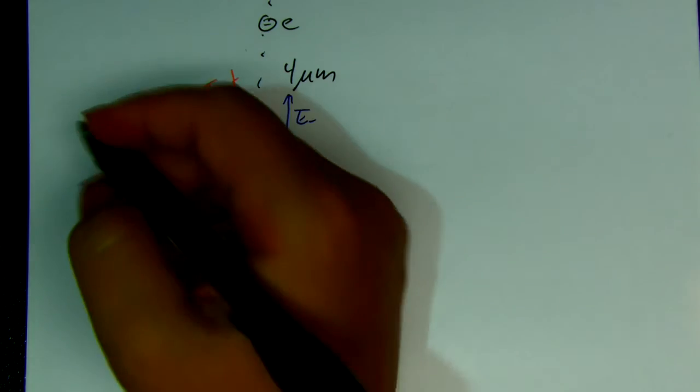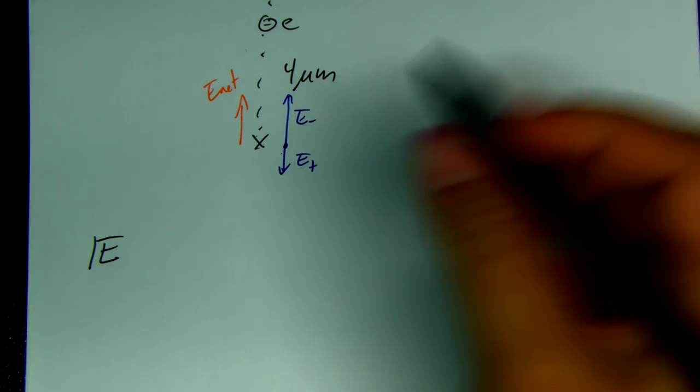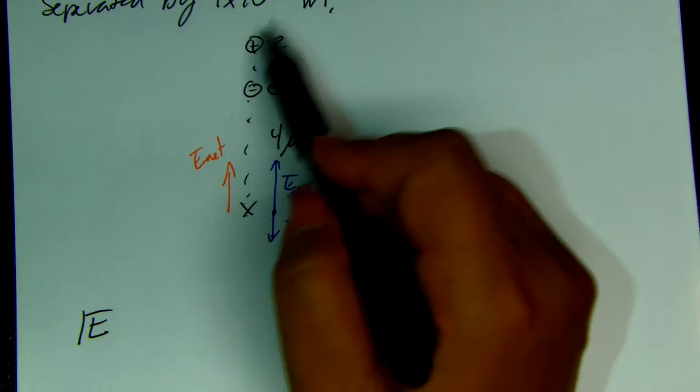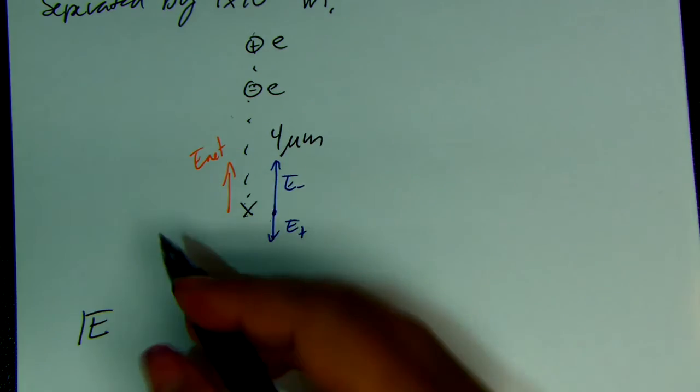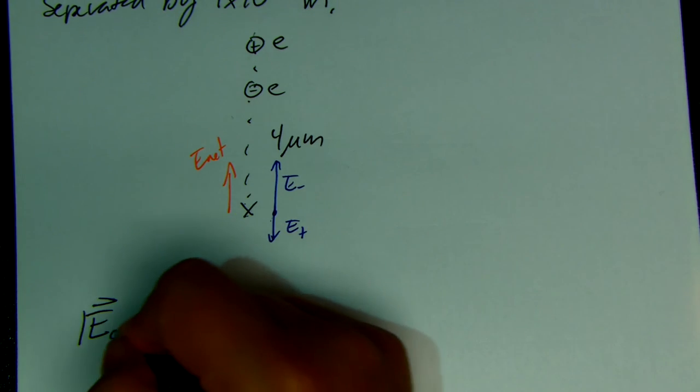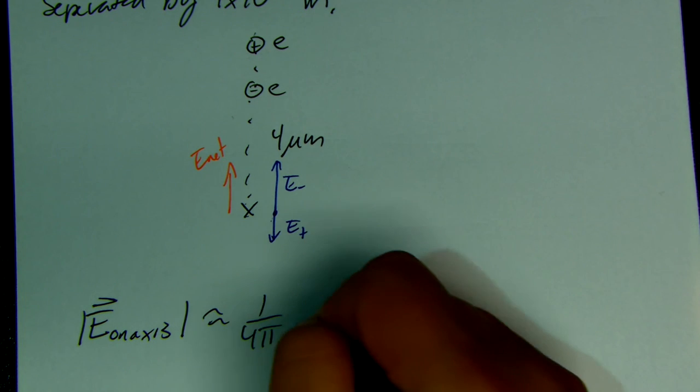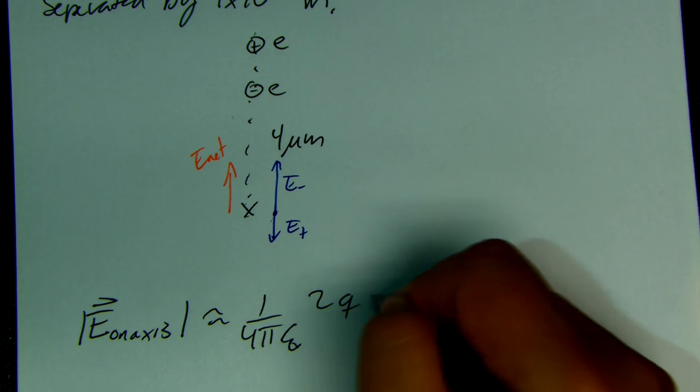And so let's go ahead and calculate the magnitude. Now in this case, we can see micrometers, so that's 10 to the minus 6. That's much, much larger than 10 to the minus 10, so we can use the approximation. So the electric field on axis is approximately 1 over 4 pi epsilon naught times 2qs over r cubed.